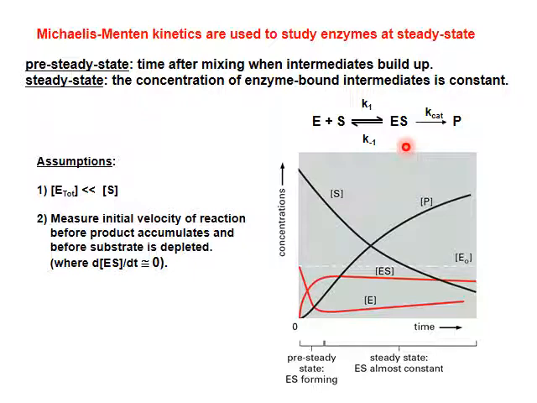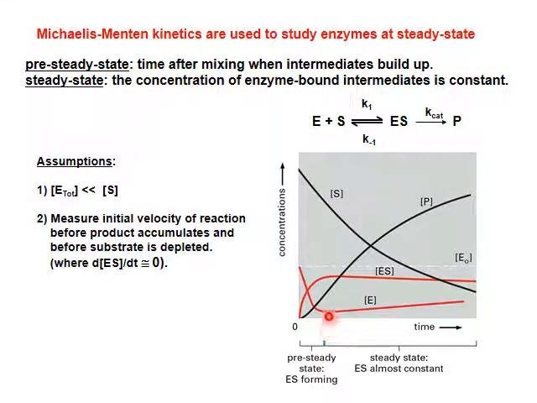Equilibrium means the forward rate and the reverse rate are equal. That's not what's happening here. But what's happening is these rate constants are such that its concentration is not really changing very much over time as you're making product and converting substrates to products. The ES form is at a concentration that's not changing over time. It's a steady state, okay?